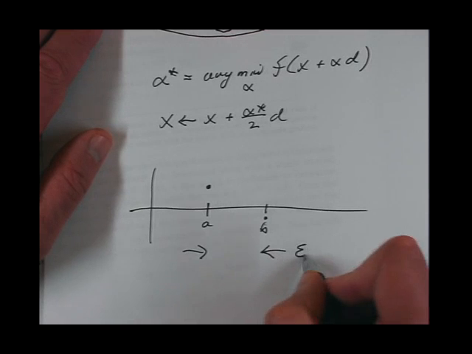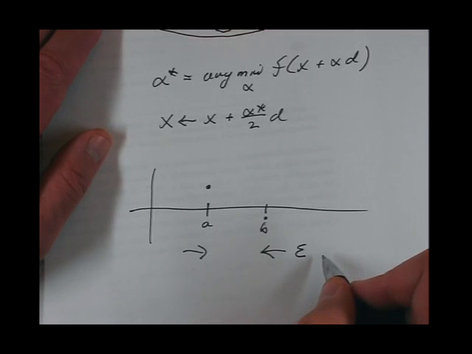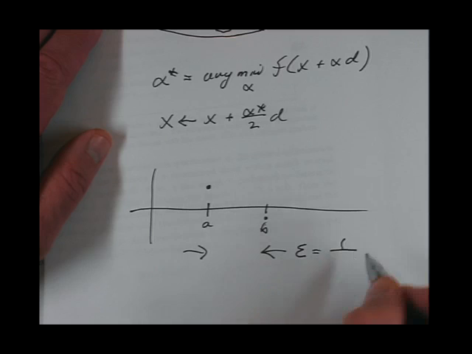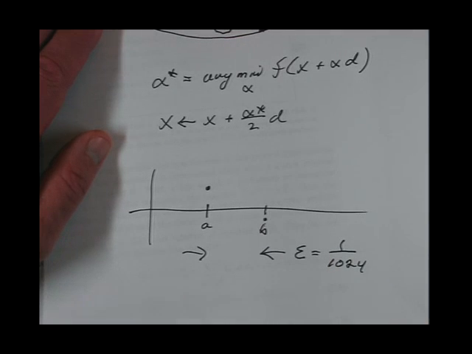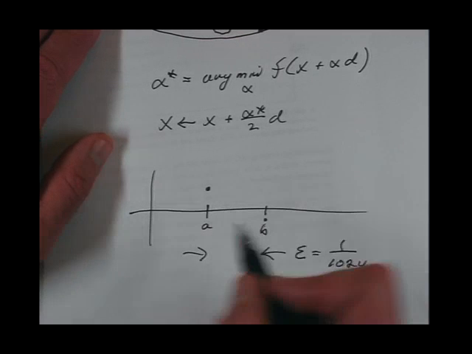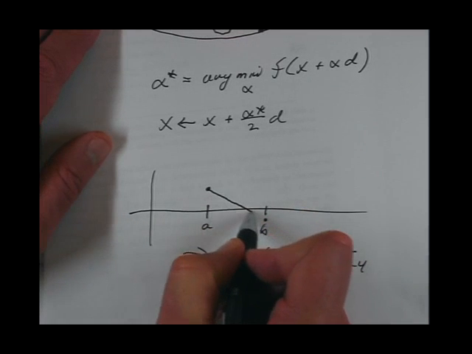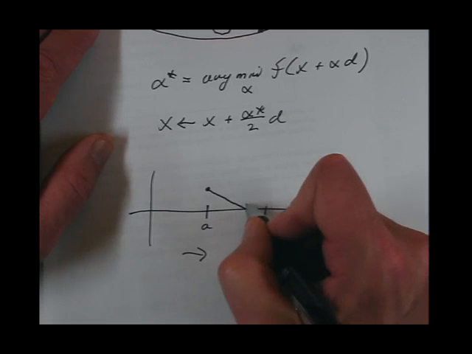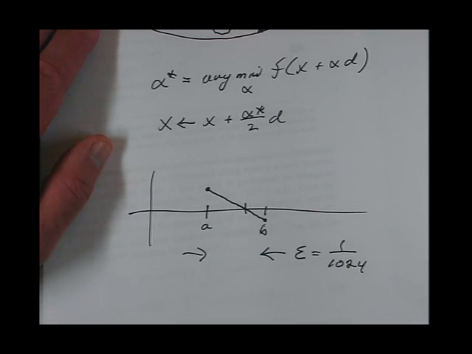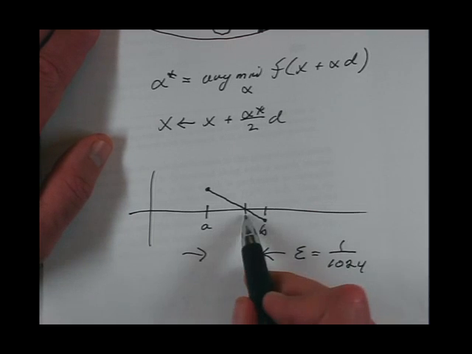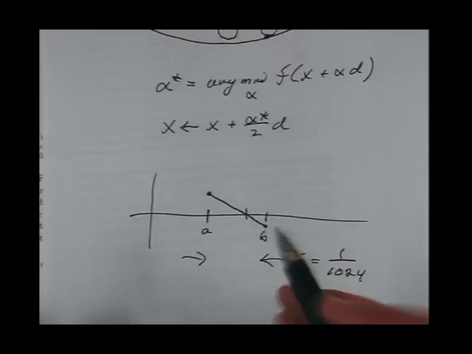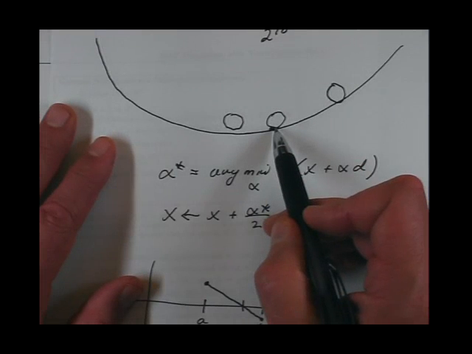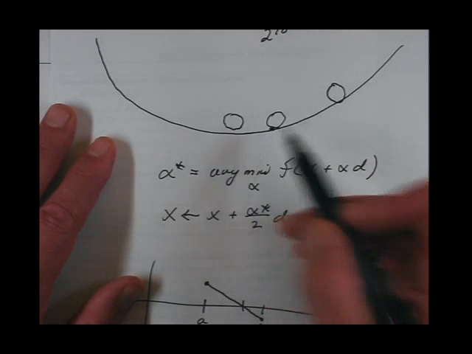It's epsilon, equal to, I don't know, 1 over 1,024. You say, well, that's really small. But you can't stop there. You take a ruler, draw a line, and select your final point to be the root of the linear interpolation between the two points. And that will get rid of this problem of the sand at the bottom of the glass jar.